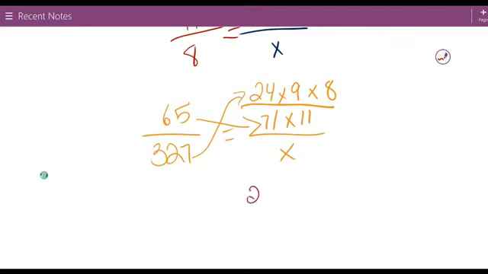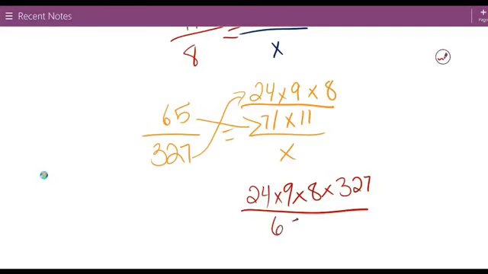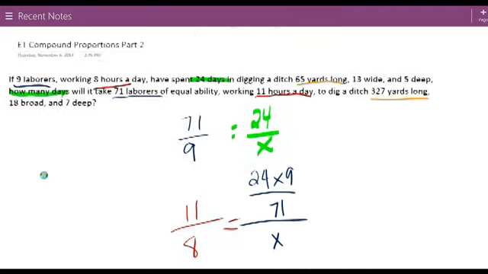Okay, so we end up with 24 times 9 times 8 times 327 over 65 times 71 times 11 over x. Still looking for that x.